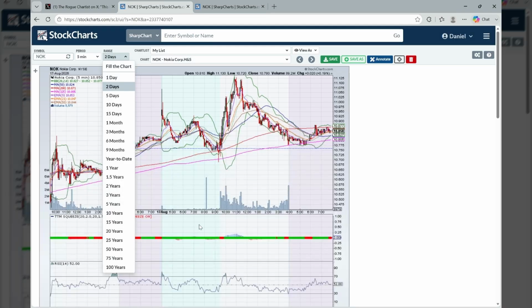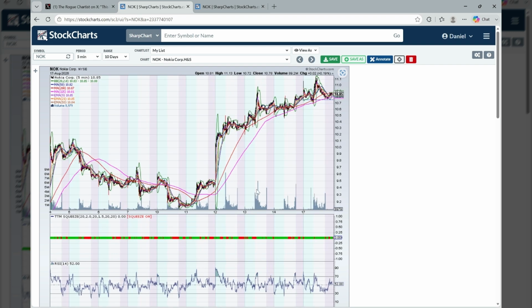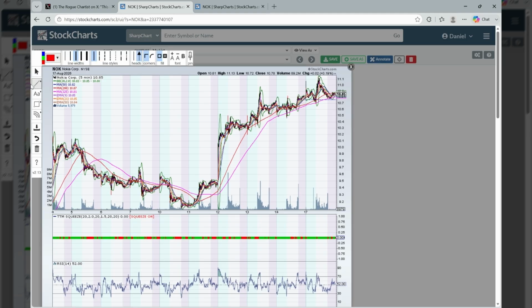And why I think the run is done is because of this. Let's go annotation here. So that was going, trend line broken.